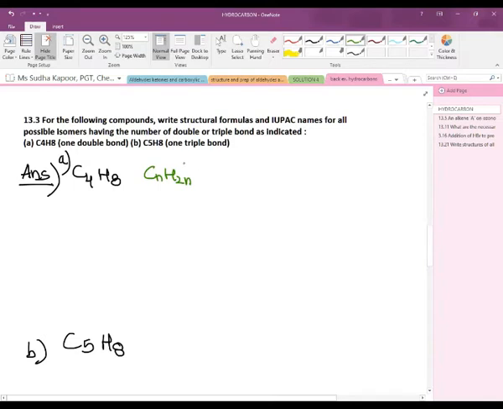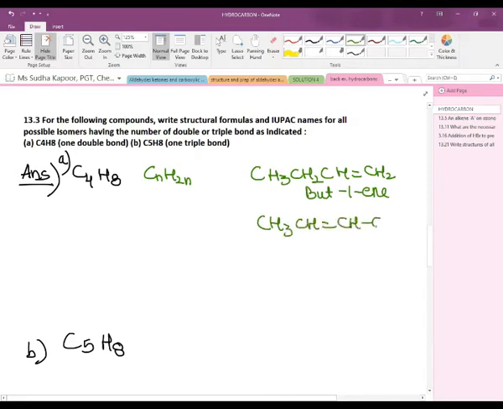The cycloalkanes can also be given the name like this, but they have asked the formula of the possible double or triple bonded. So it can only be considered as the alkene here. So the first one is the but-1-ene, CH3, CH2, CH double bond, CH2. That is but-1-ene. In the other case, CH3, CH double bond, CH, CH3.